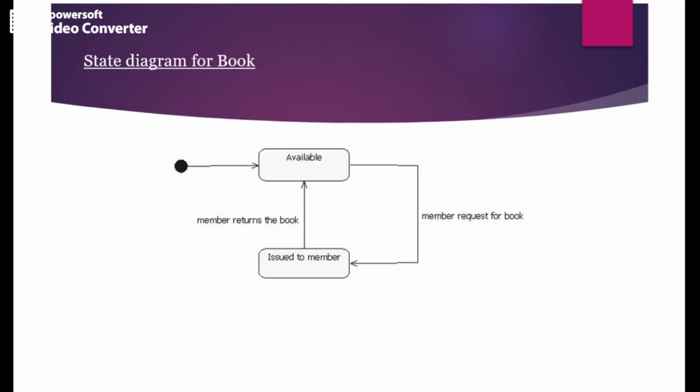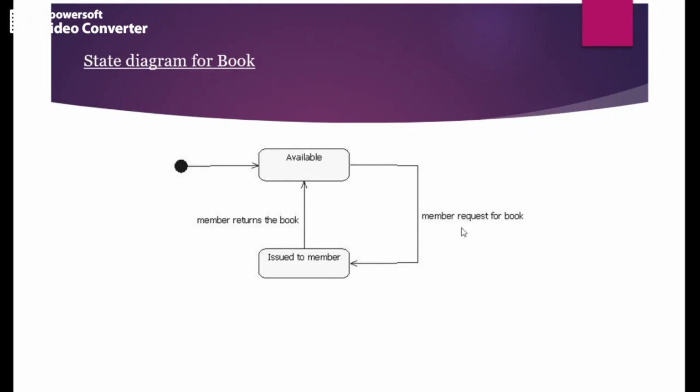Now we'll see a state diagram for book. You have seen the state diagram for a microwave oven. Same thing, state diagram for book. This indicates the initial state. What is the initial state? Available. If the book requested by the member is available, then it will be issued to the member.